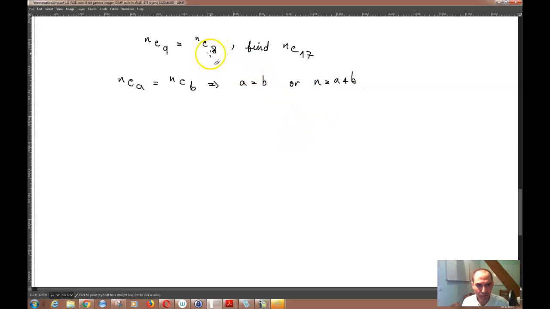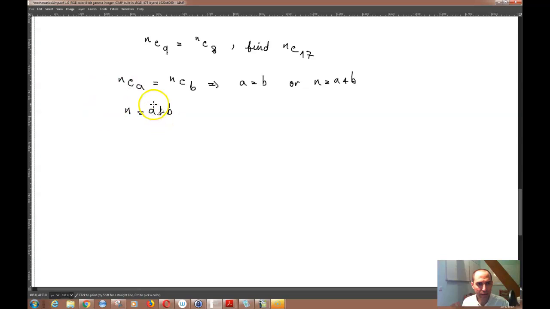Of course here, A cannot be equal to B, so I cannot use this condition. But then I can say that n is equal to A plus B.